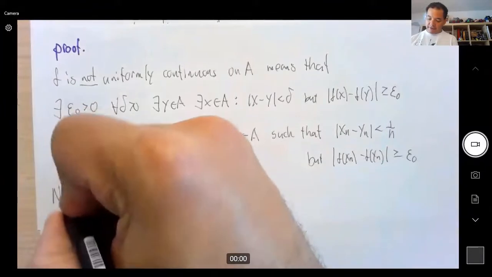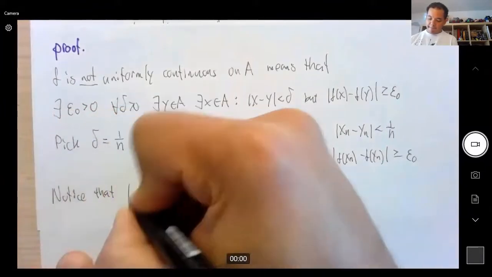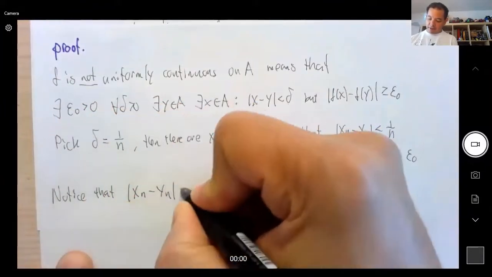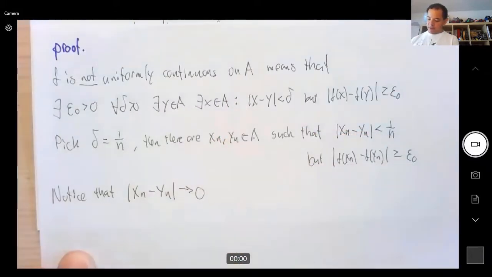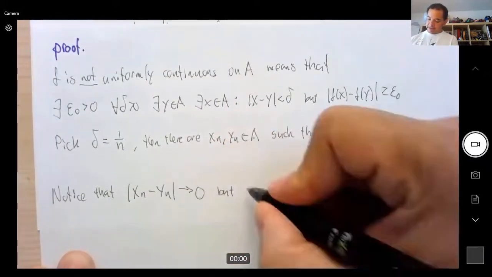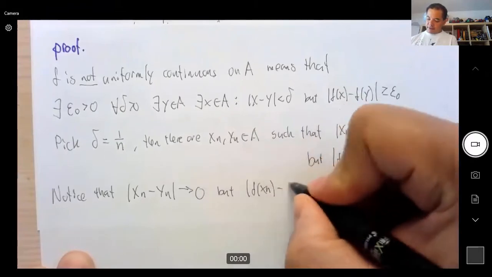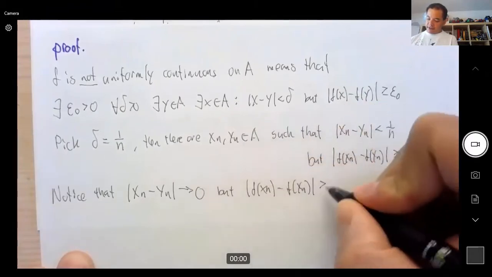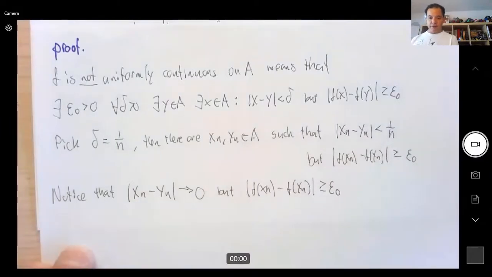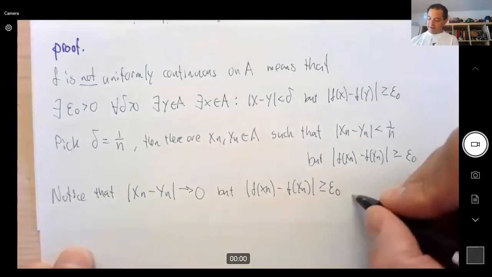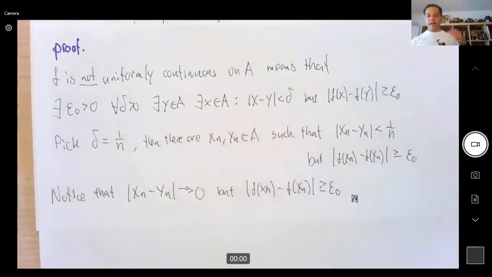So notice that xn minus yn goes to 0, but |f(xn) minus f(yn)| is greater than or equal to epsilon 0, just as we wanted in our statement of the theorem. So it's not really a deep theorem, it's really just the straightforward negation of the definition, all right?